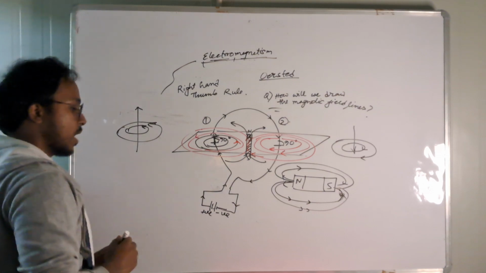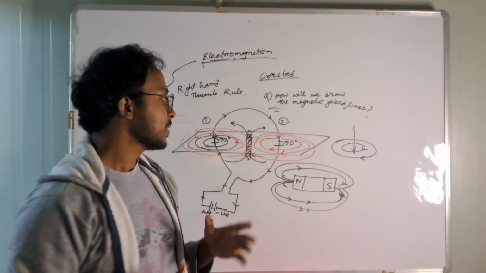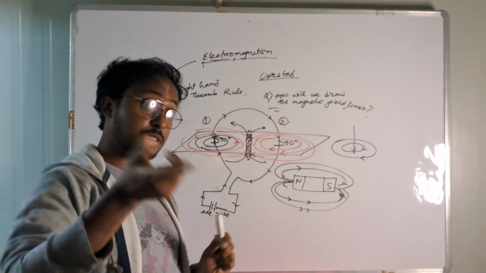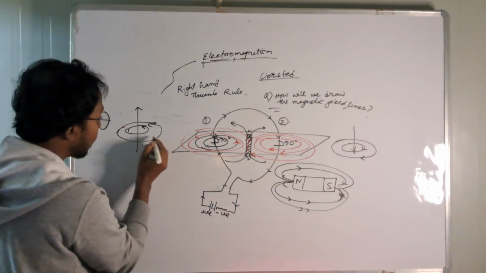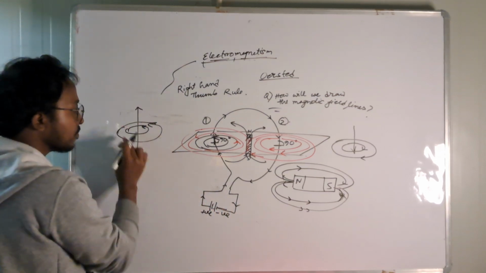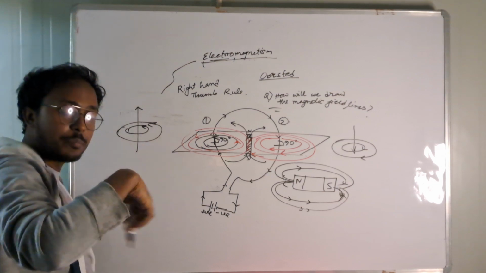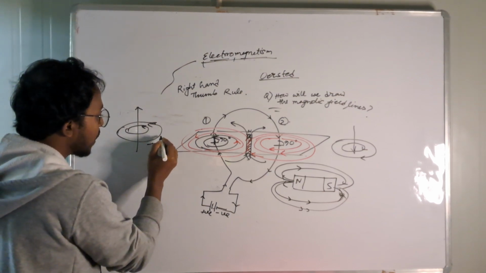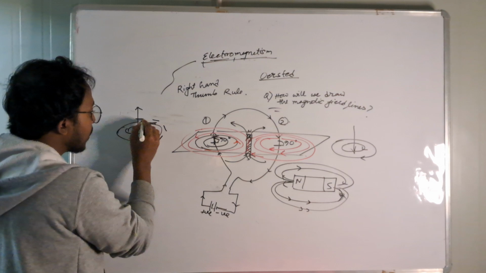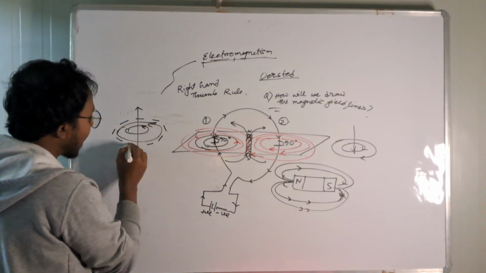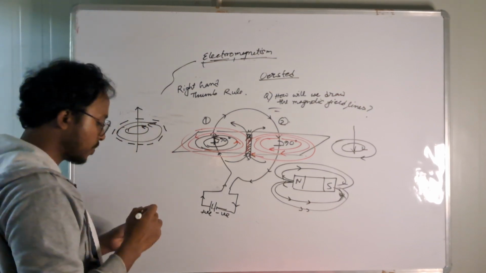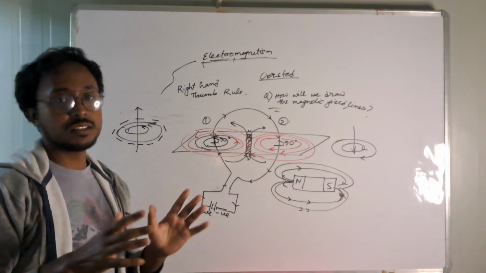So that's how actually Oersted did his experiment, like putting, so the first thing I discussed: if this wire is carrying current, and around it wherever the magnetic field lines are, if I place a bar magnet along them, that will actually represent the magnetic field lines, nothing but the magnetic field lines.